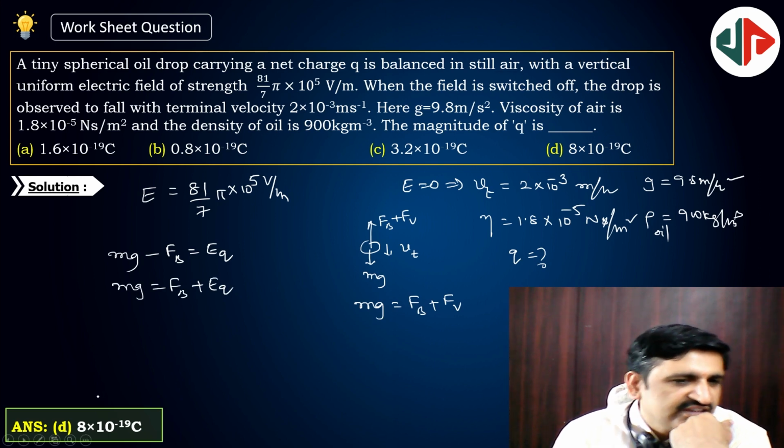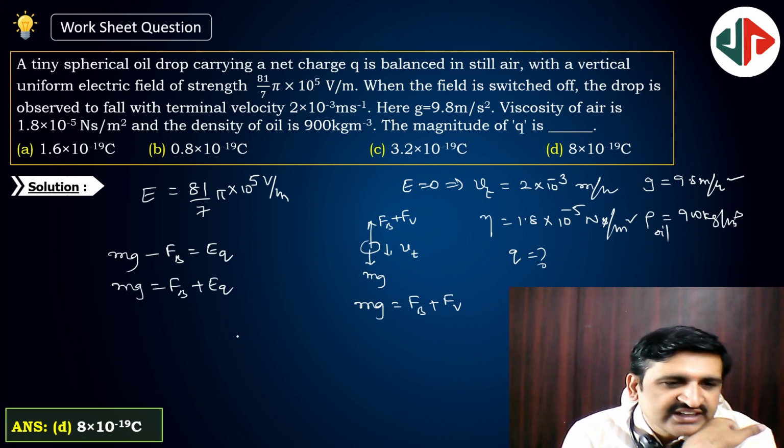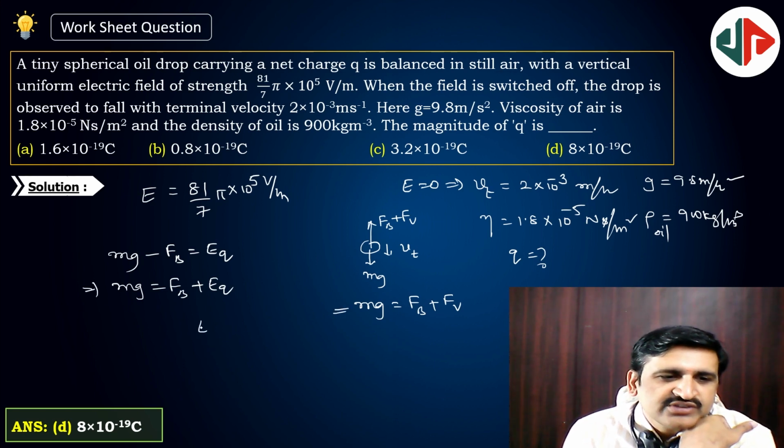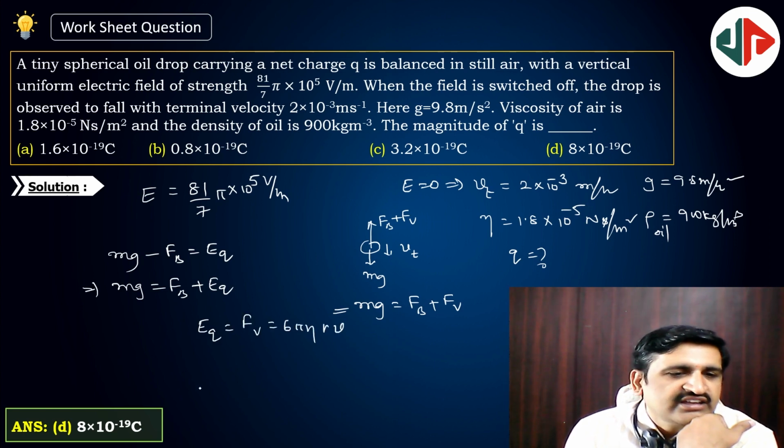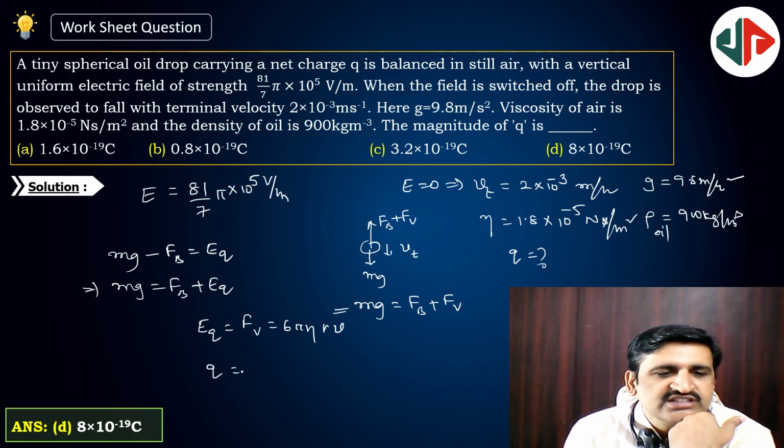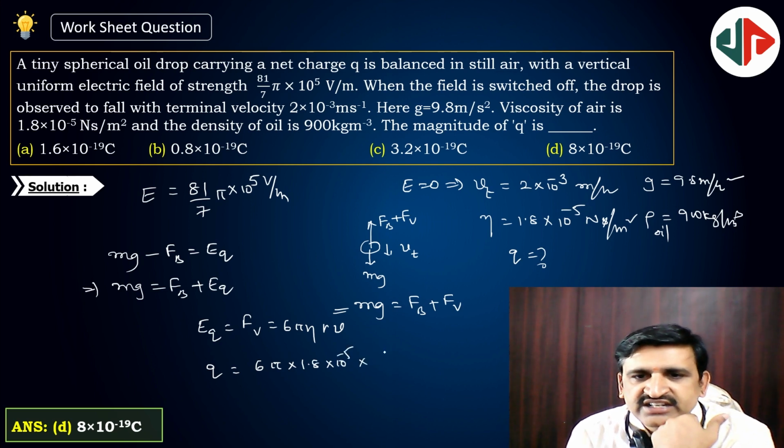Strictly speaking, Eq equal to 6 pi eta Rv I can take. Why? Because on comparing these two equations carefully, mg, Fb, Fb, so Eq is equal to viscous dragging force 6 pi eta Rv. So we can take the necessary things. q is equal to 6 pi, eta value 1.8 into 10 to the power of minus 5, R value radius is given.